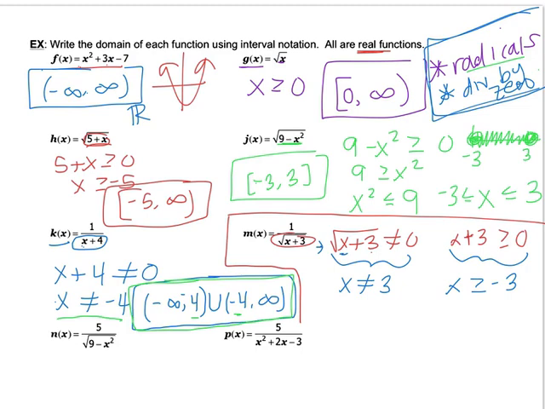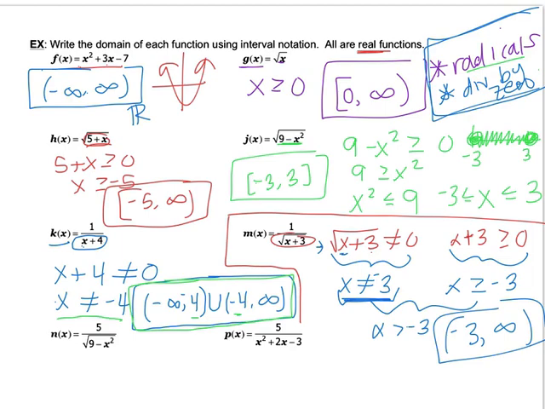So you have these two limitations. X can't be negative 3, and x has to be greater than or equal to negative 3, and you need to combine these together. So this is saying that x has to be greater than or equal to negative 3, but this is specifying that you can't actually use negative 3, which means x has to be greater than negative 3 and not include it. So that means our domain is everything from negative 3 to infinity, not including negative 3.